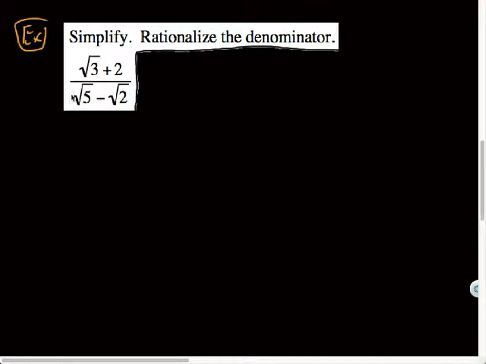The conjugate. So what's the conjugate of the denominator? Root 5 plus root 2. Remember, conjugates aren't quite opposites, aren't quite the same. The thing in the middle is different.